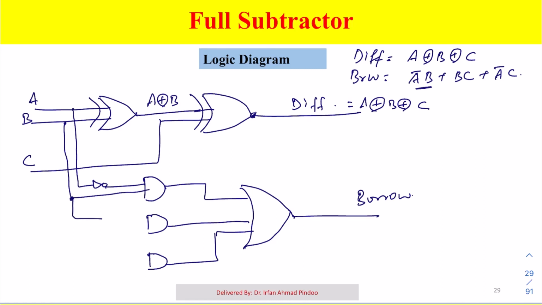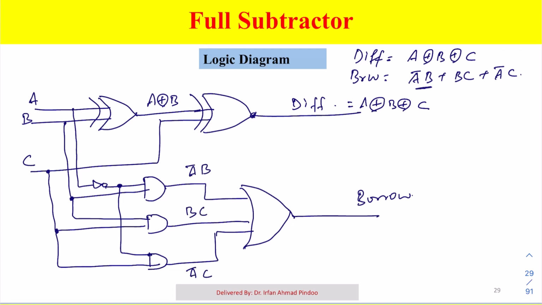So B is already here, and this is my C, and A bar C. So A bar is already available here. So A bar along with C. So we are having C here. So student, this is A bar B, this is BC, this is A bar and C. So finally this borrow is equal to A bar B plus BC plus A bar C, the OR gate being used over here.